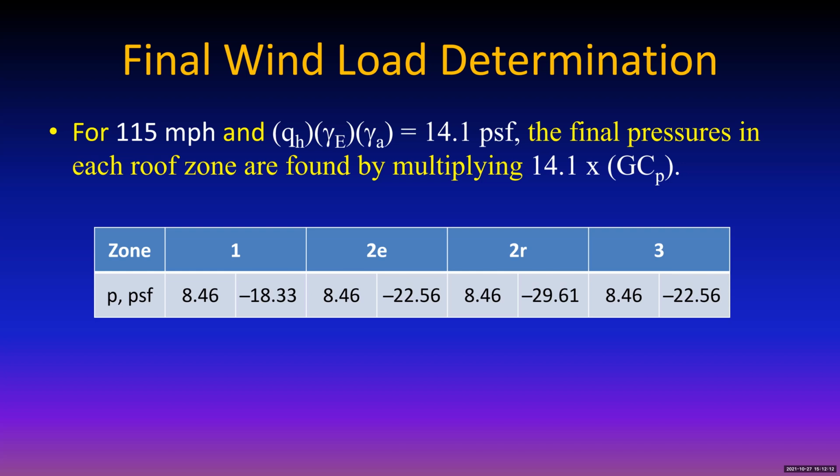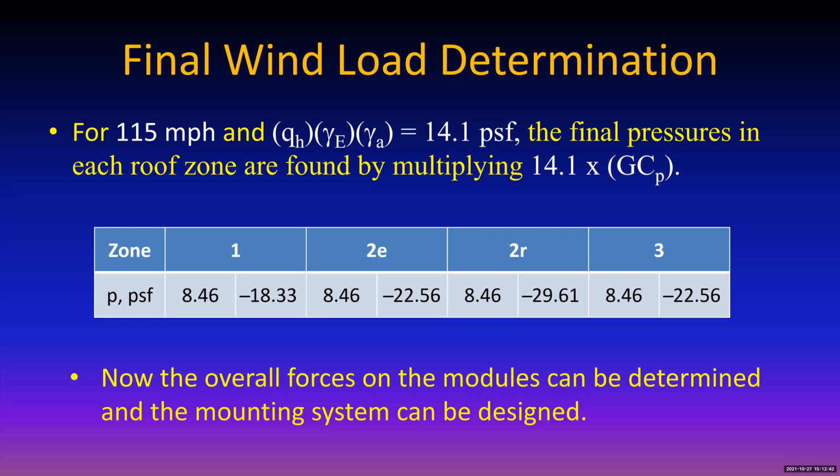But the lift is more in certain zones than in others. 2R being the most at 29.6. Now these lifts can easily approach 75 PSF on certain roof zones in the South Florida area. And those are the kinds of designs that my group typically is working with. So we're pretty fussy about making sure these arrays are held down.